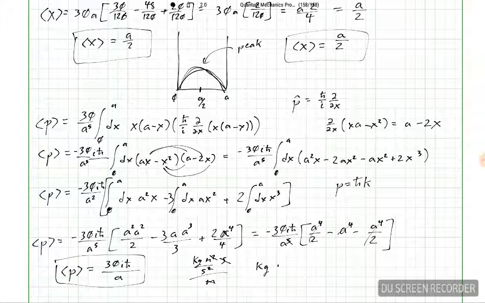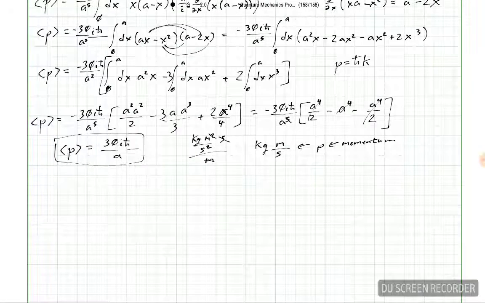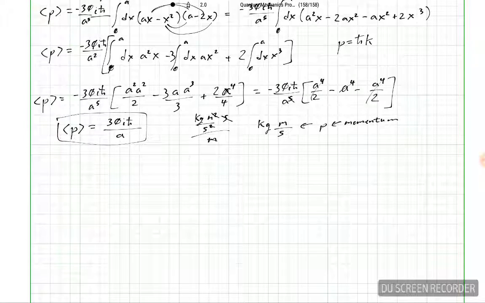I have units left over of kilograms times meters over seconds squared, which is momentum, mass times velocity. So there's our expectation value of our momentum.